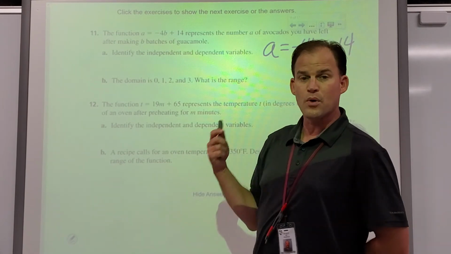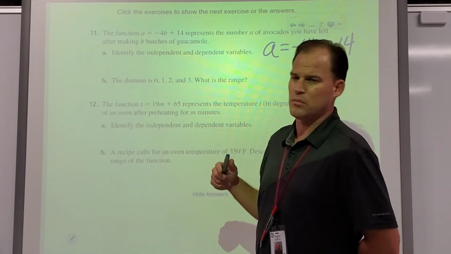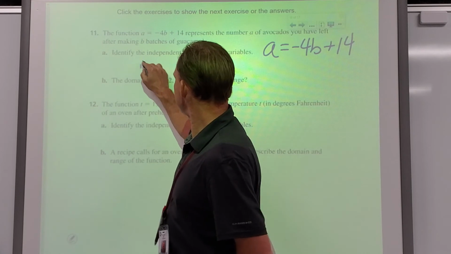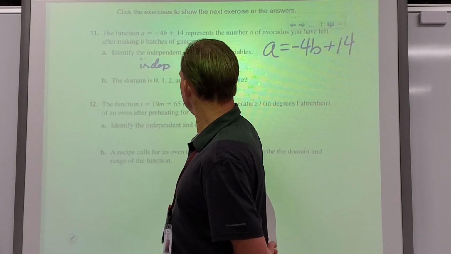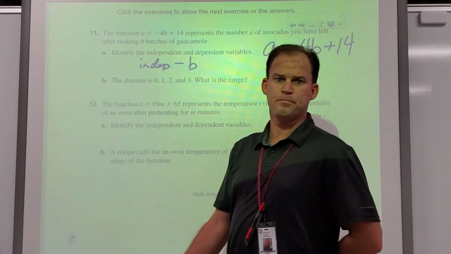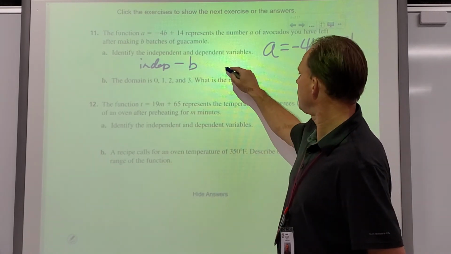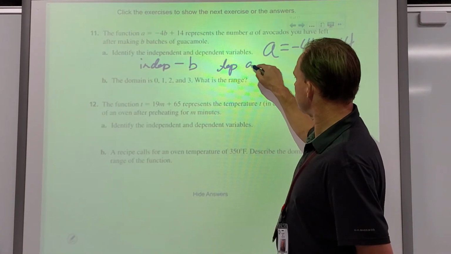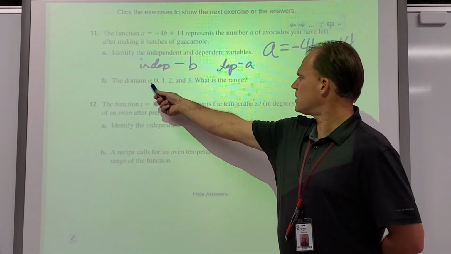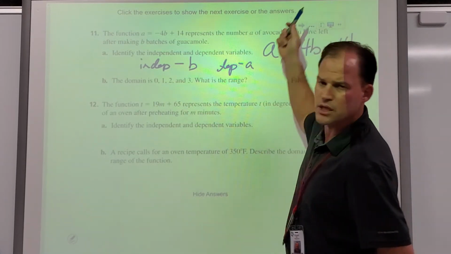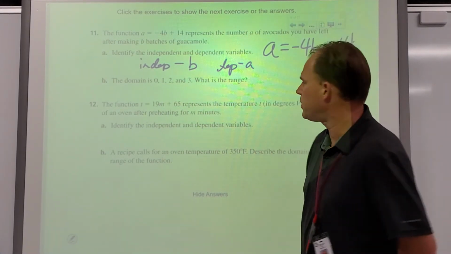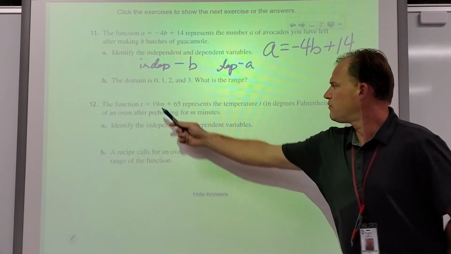Which one is in the problem? Like inside the problem? B. Which one is dependent? A. Domain is 0, 1, 2, and 3. Find the range. I can let you work on that. I just want to talk about the independent, dependent. Plug those numbers in. So, function.